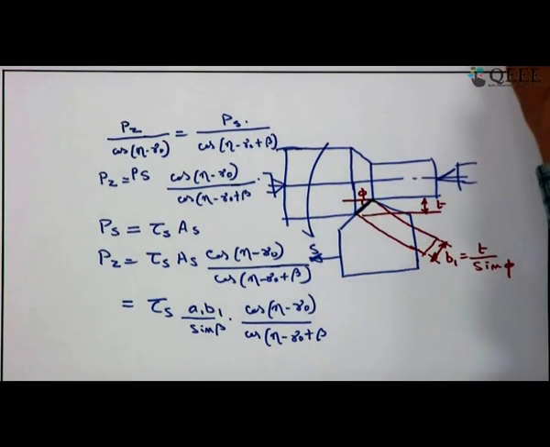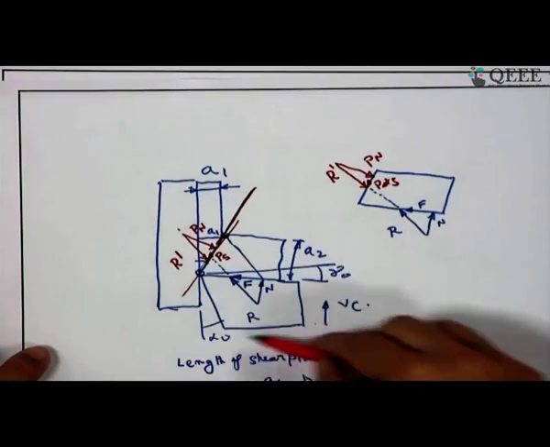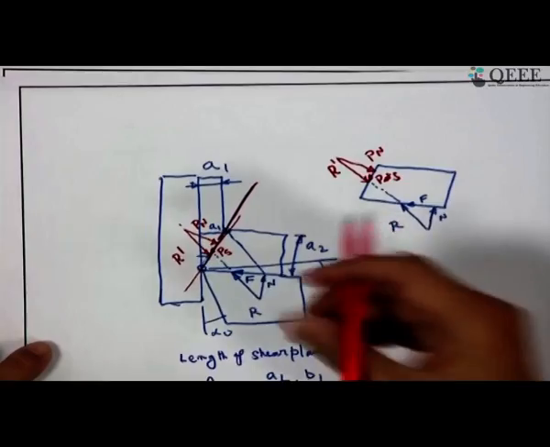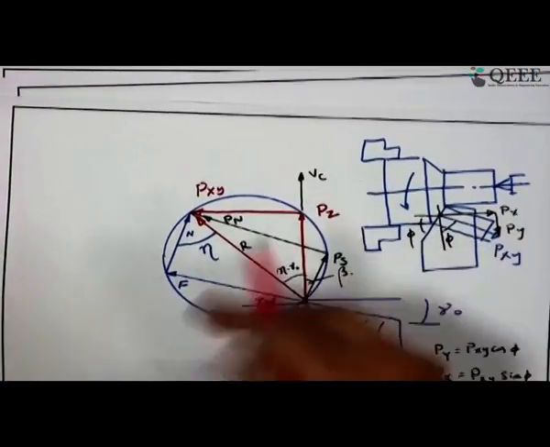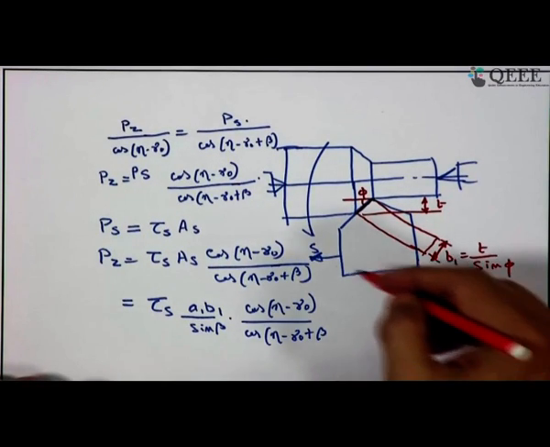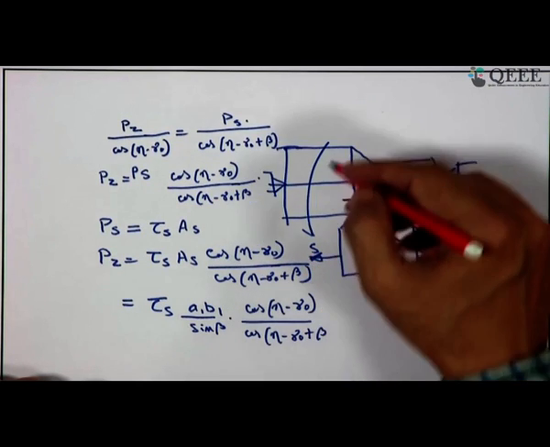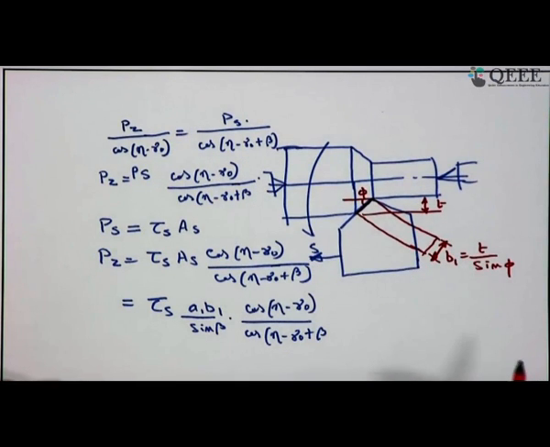Friend, reminding you that this diagram I have drawn is in the orthogonal plane, and this one too is in the orthogonal plane. So, you have to find out that the tool is moving through an amount s per revolution of the job, that is the feed.